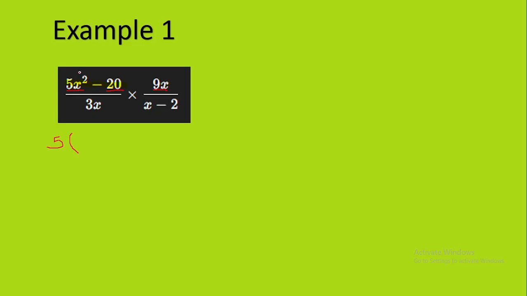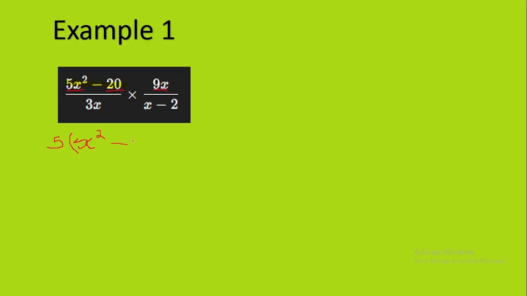Bracket. If we take 5 from the first term, 5x squared, we will be left with x raised to the power of 2, or x squared, minus, looking at the second term, 20.